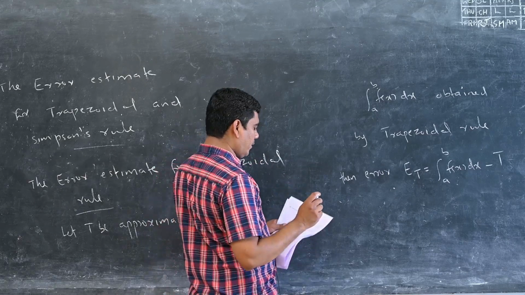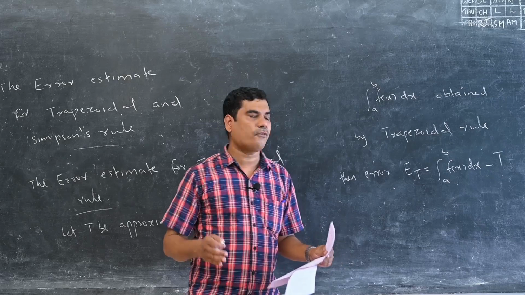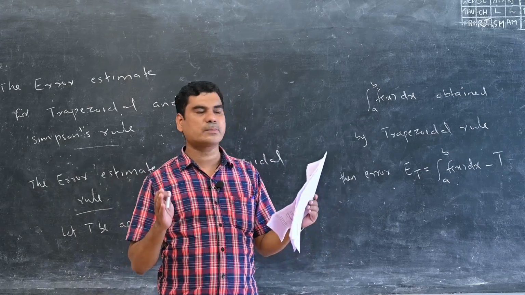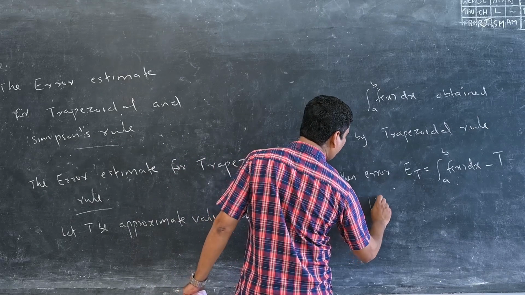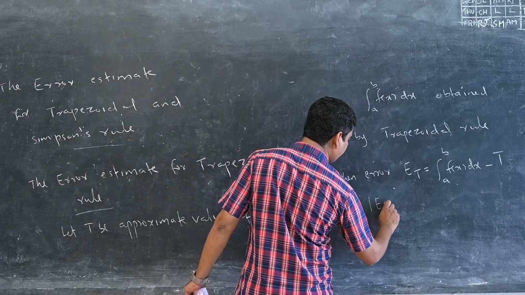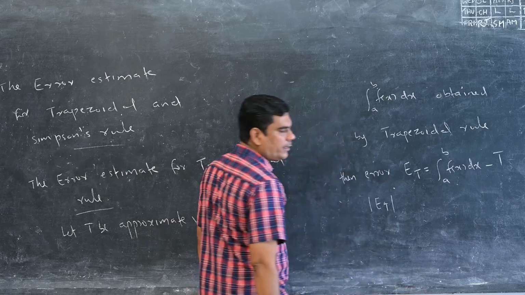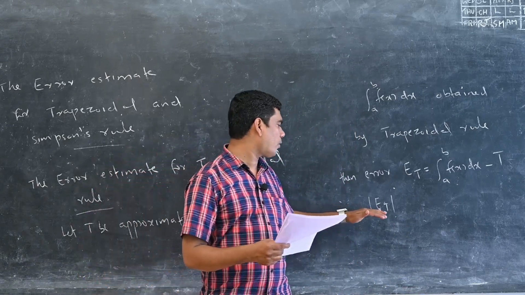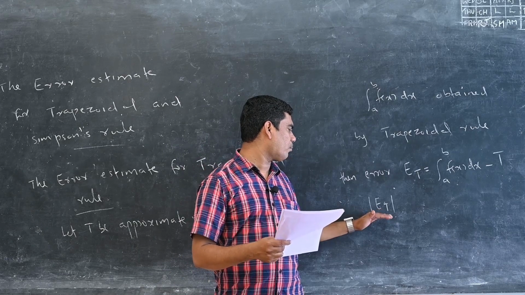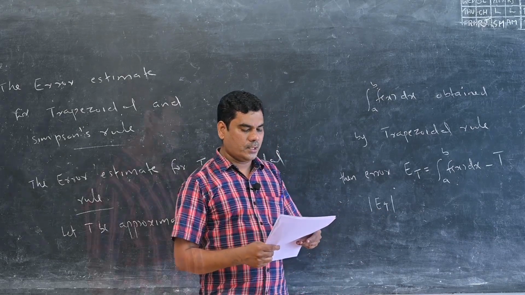Now, we find the maximum possible value of modulus of Et. That is, we find an upper bound for this error, modulus of Et.